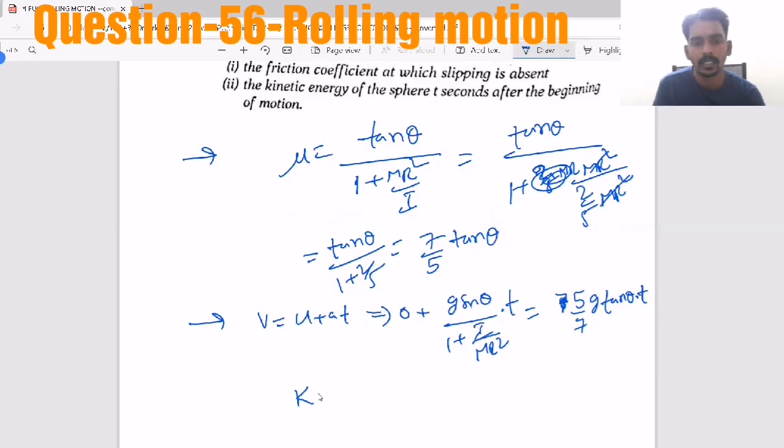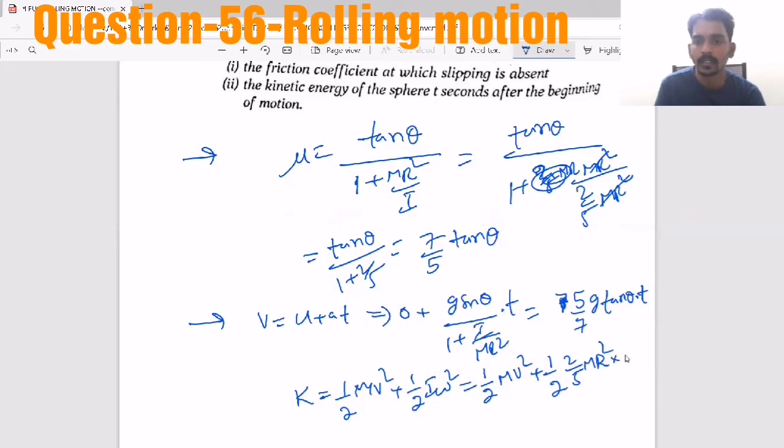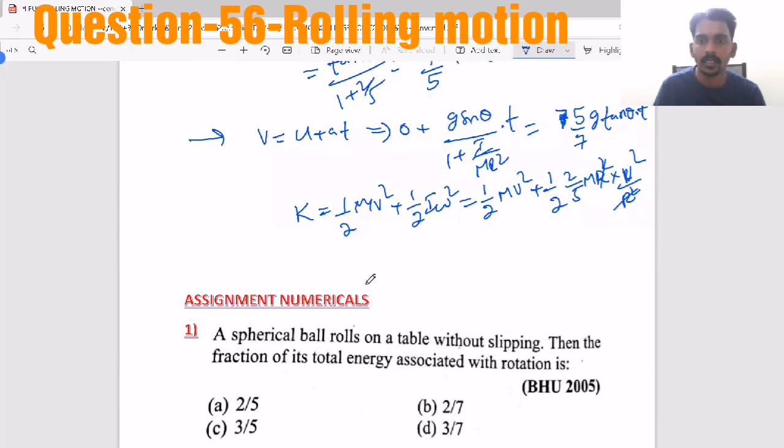So the kinetic energy equal to half m v square plus half I omega square, with I equal to 2 by 5 m r square and omega square equal to v square by r square. So r square cancels. Why am I converting? Because we have only the v value.